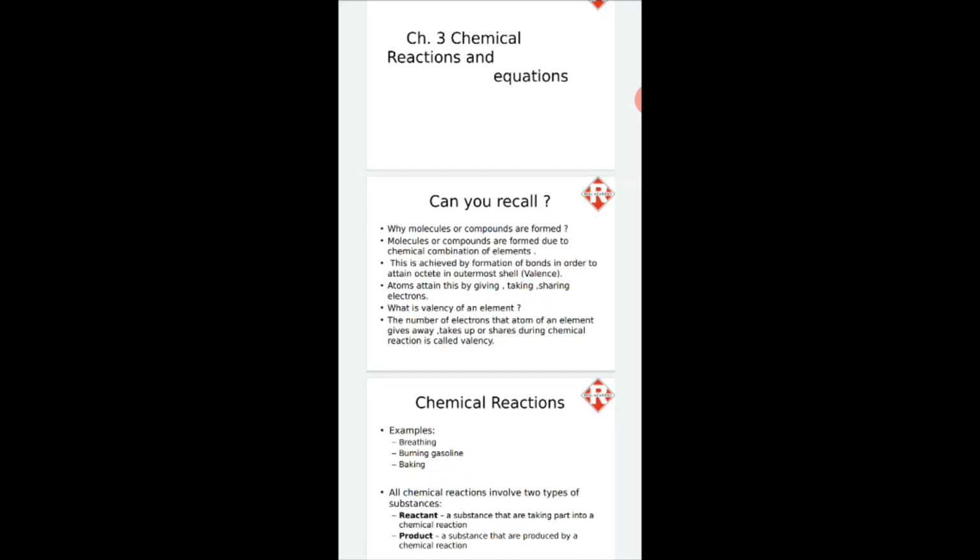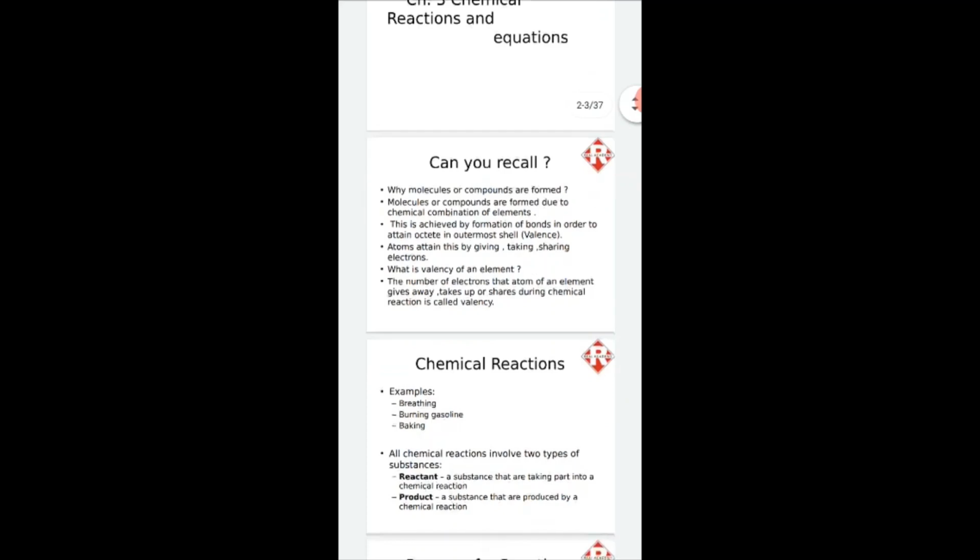is known as a compound. This is achieved by the formation of bonds in order to attain an octet in the outermost shell, that is the valence shell. It depends on how many electrons are present in the outermost orbit; according to that, bonds are formed.